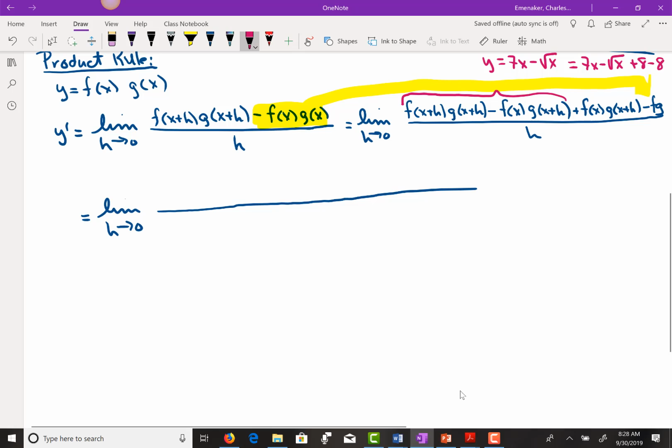Okay, they have f of x, and they both have a g of x plus h, don't they? Could we factor that out of the first two terms? The answer is, well, I guess so. Not quite sure where you're going with this, Chuck.